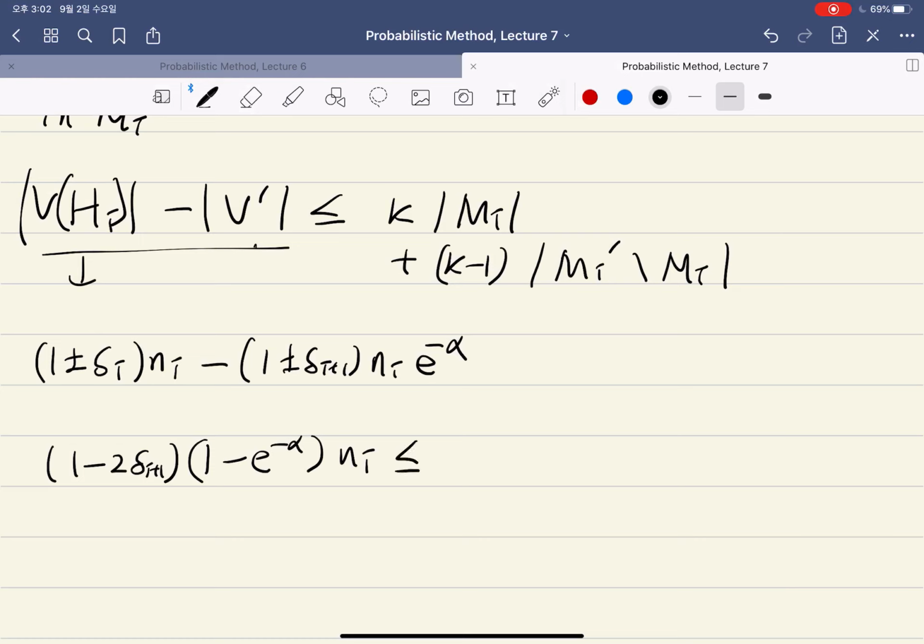So this is the lower bound. Actually, 1 minus e to the minus alpha is smaller than alpha. No, not smaller than alpha. Let's just write it this way.